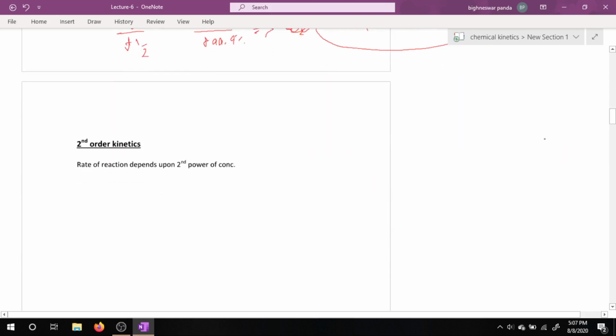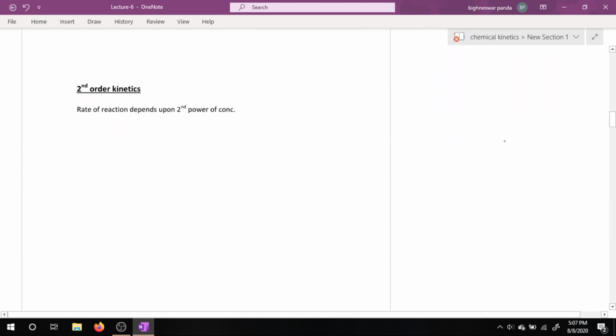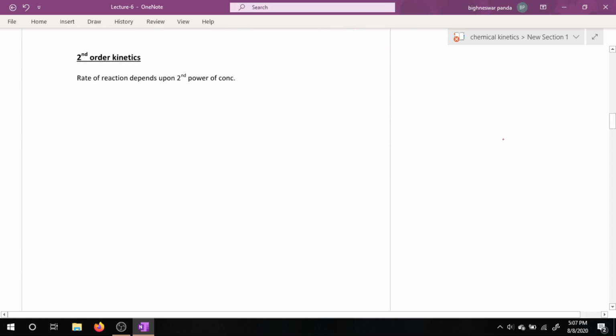So next, come to the next part, second order kinetics. Here the rate of reaction depends upon the second power of concentration, that is called second order kinetics. Here we have two cases. In case 1, let us consider the reaction A gives rise to product.